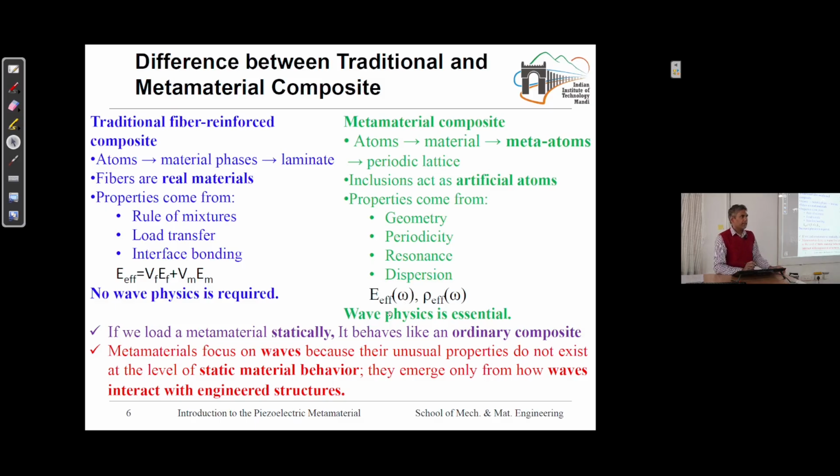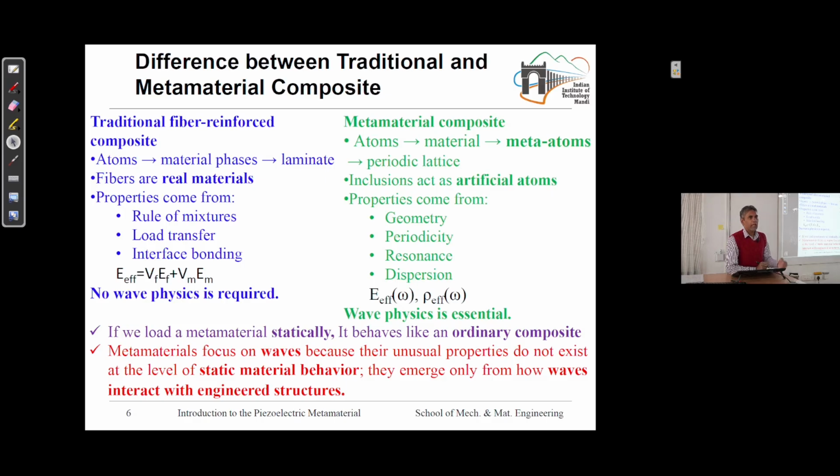So metamaterial composites are designed to sustain dynamic loading, because only under dynamic loading do we have frequency, that is, the structure can vibrate under dynamic loading. So we have the frequency omega.